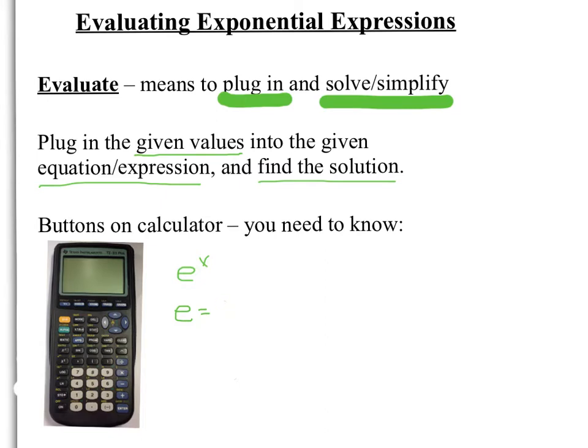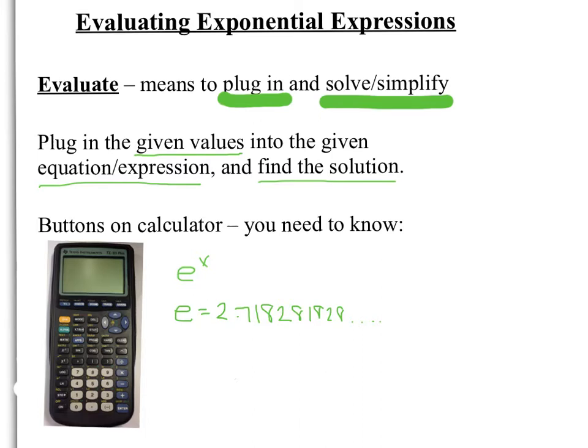E represents a value as well, and it's 2.718281828, and it continues. So E is just representing a value.